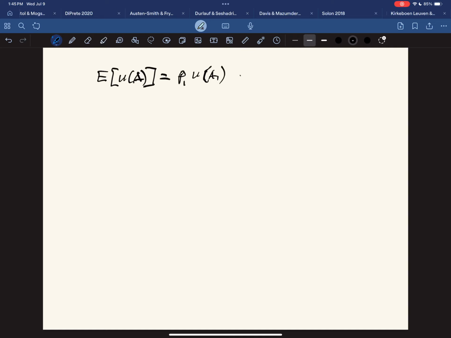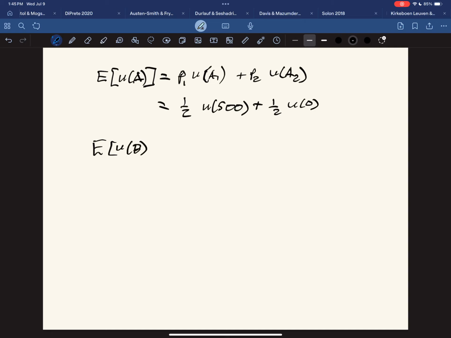P1 U of A1 plus P2 times U of A2, where P1 and P2 are both 50% here. Which is equal to 1/2 times U of 500 plus 1/2 times U of 0.